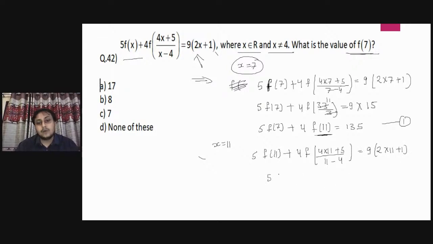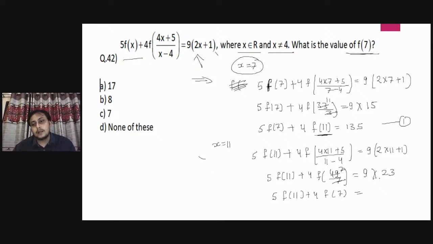So 5 of f11 plus 4 of f of (44 plus 5, which is 49) upon (11 minus 4, which is 7), and this is 9 into (22 plus 1, which is 23). The 7 cancels out, so the equation becomes 5 of f11 plus 4 of f7, and this is 9 into 23, which is 207. This is equation 2.